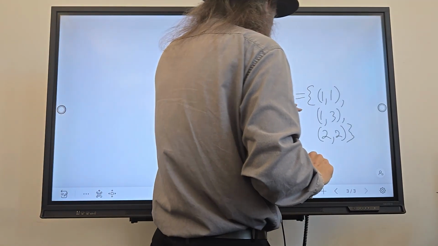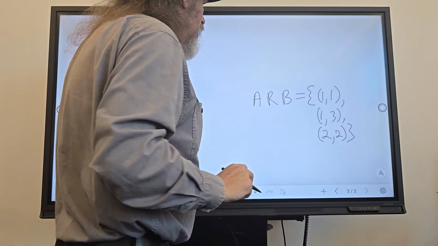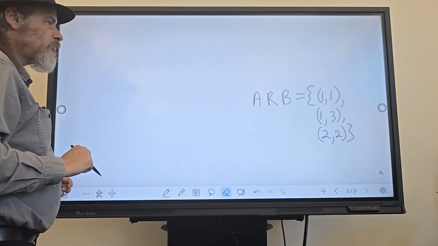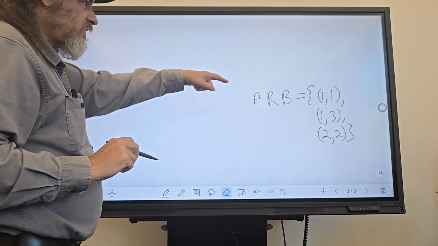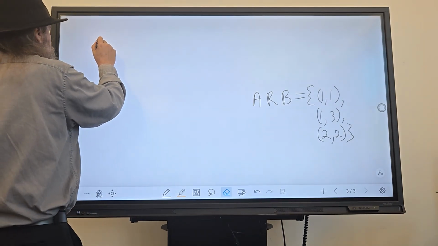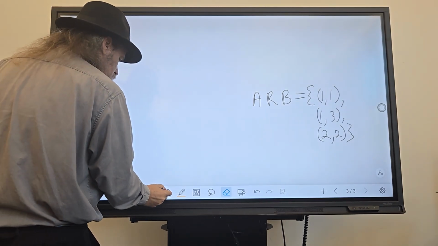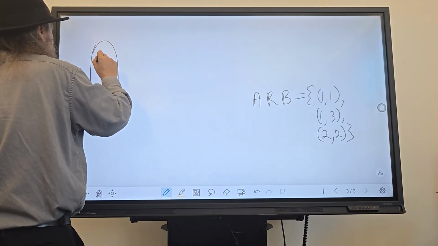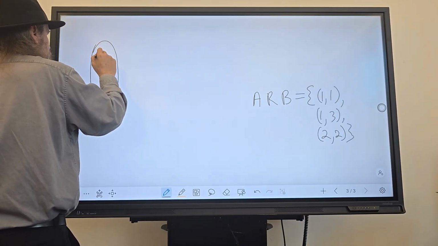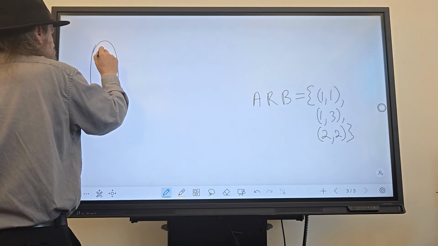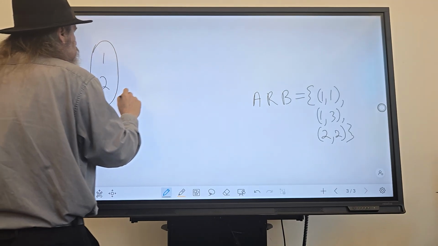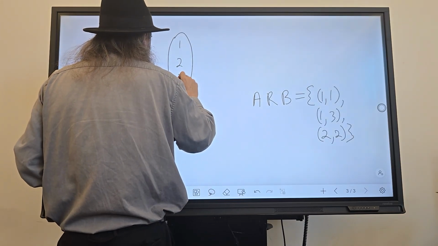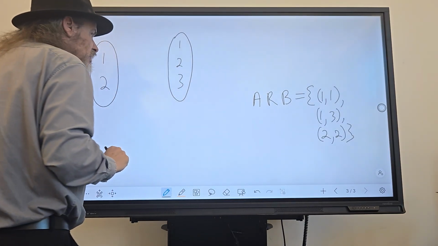Okay, so we have A is related to B with this set. To draw an arrow diagram of this, you draw the domain on the left, 1 and 2, and 1, 2, 3, the codomain on the right.